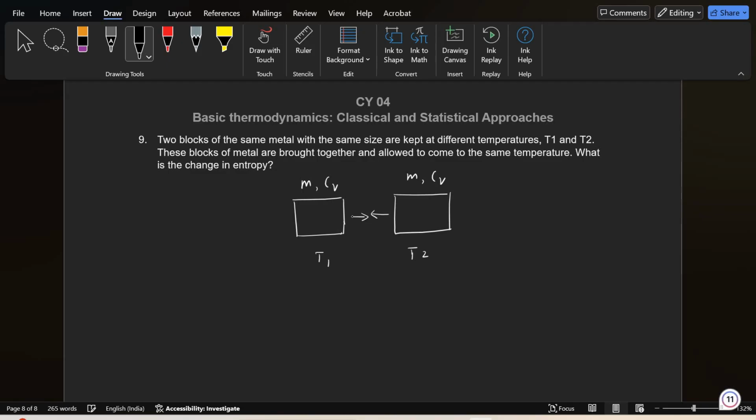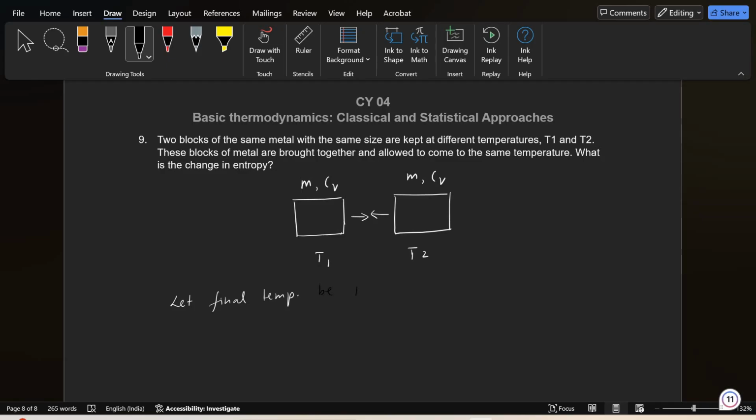We need not assume anything. When they are brought together, there will be heat transfer between these two blocks and their temperature will become equal. So let the final temperature be Tf.